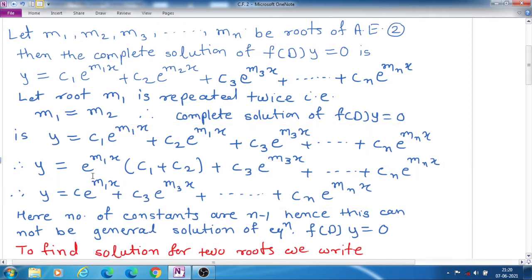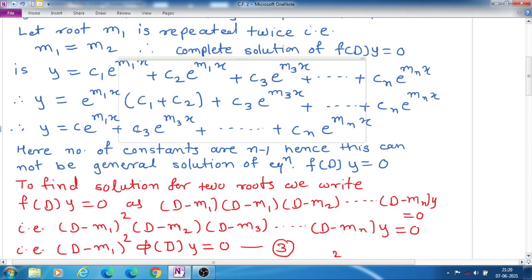Now since two terms have the same e raised to m1x, we take it common, and in the bracket remains c1 plus c2, and other terms are as they are.